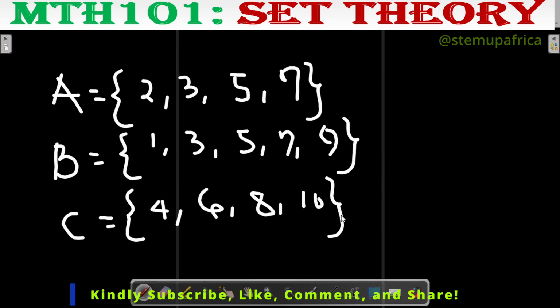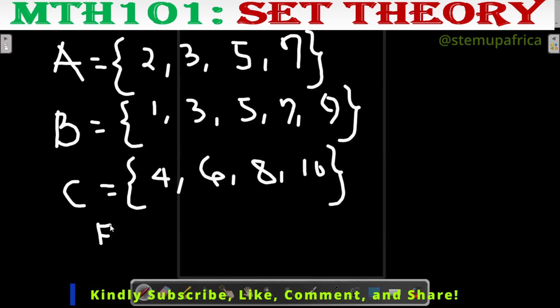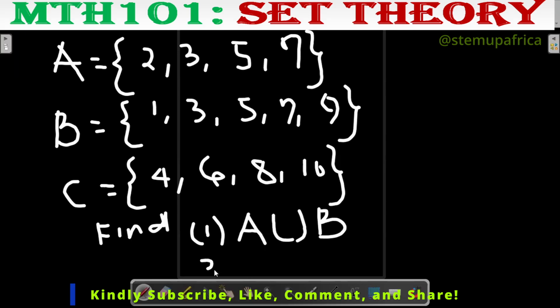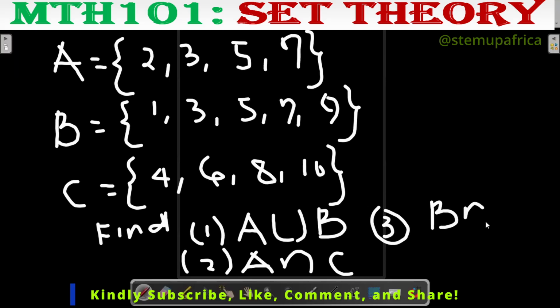We are asked to find: question 1, A union B. Question 2, A intersection C. Question 3, A, B intersection C.